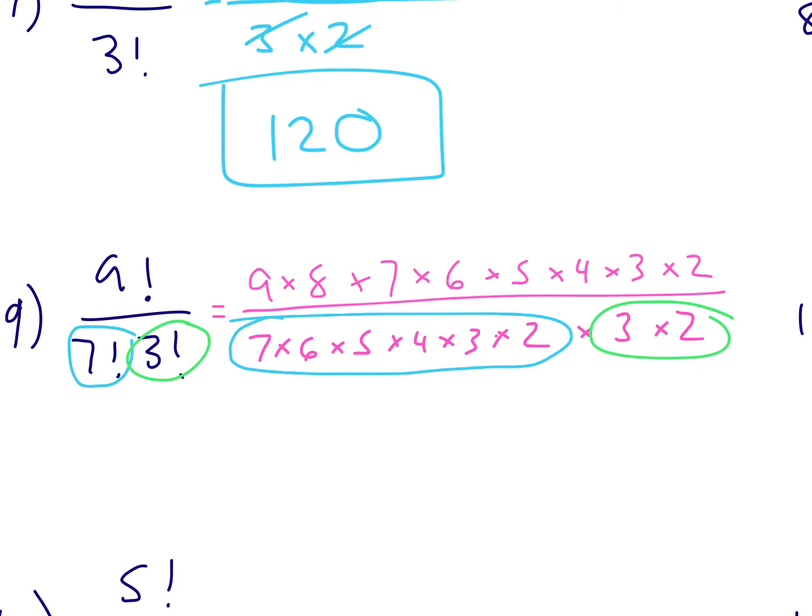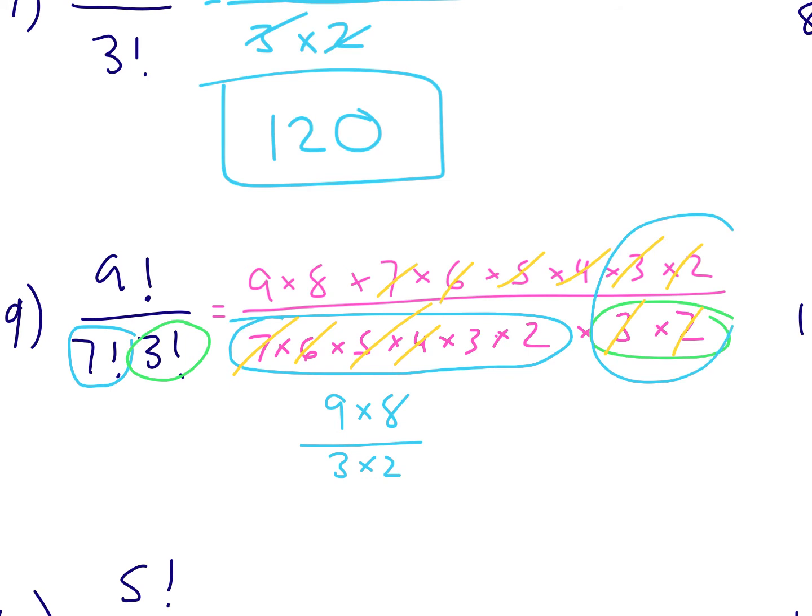Do we have anything that cancels out? 3 and 2. Anything else? The 5s and the 4s, and the 6s and the 7s. So on the top, what am I left with? 9 times 8. And on the bottom, what am I left with? 3 times 2. So notice how I canceled out these 3s and 2s, but I didn't cancel out these.